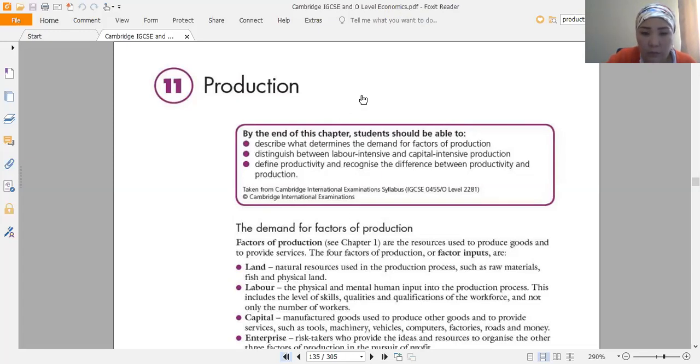We will also define productivity and recognize the difference between productivity and production. This is our task to finish by this topic.